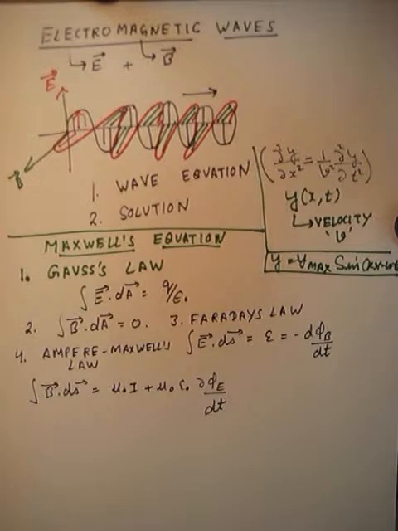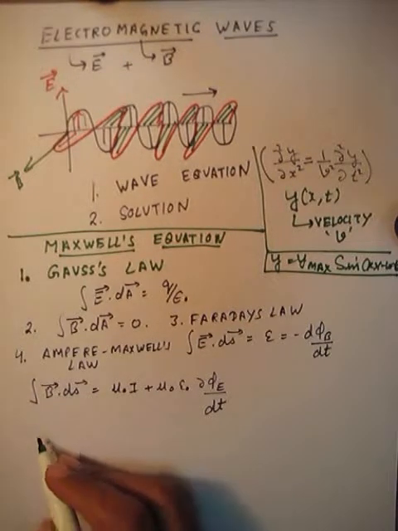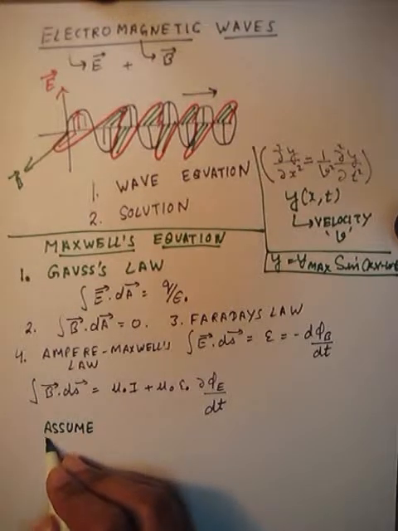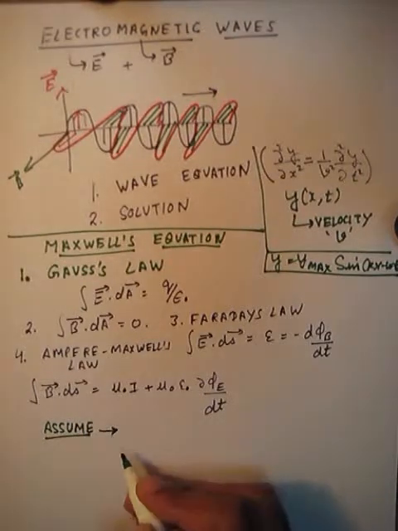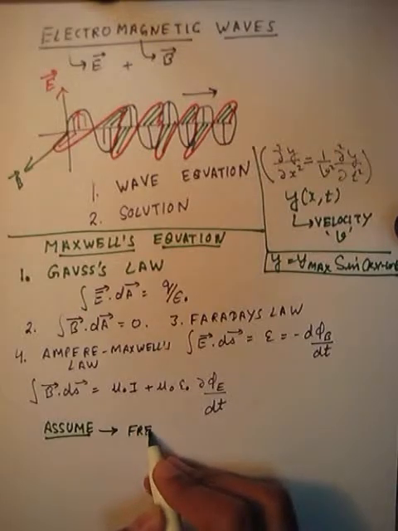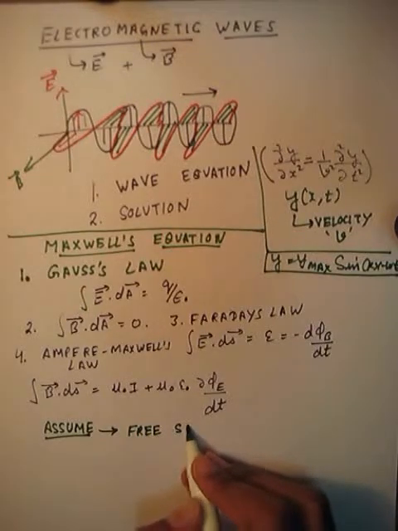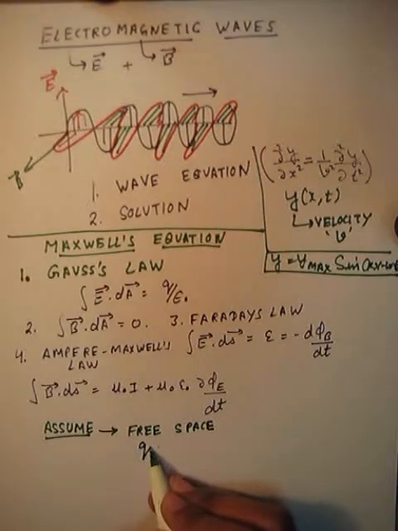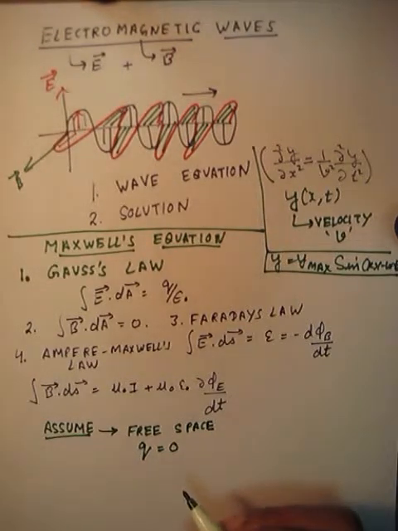Now, in order to make the problem easy, we assume that we are working in a free space. Free space means that there are no charges, so charge will be equal to 0.